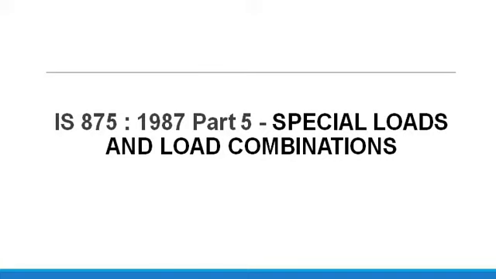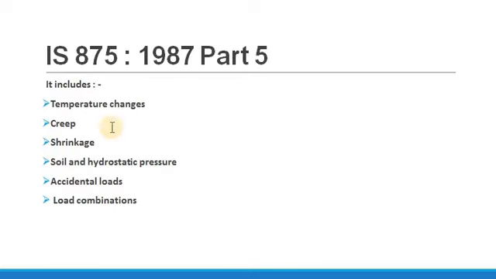Now we move to our last part, that is IS 875 part 5, special loads and load combinations. Special loads mean all the loads that are left, like temperature change; all these are included in part 5.